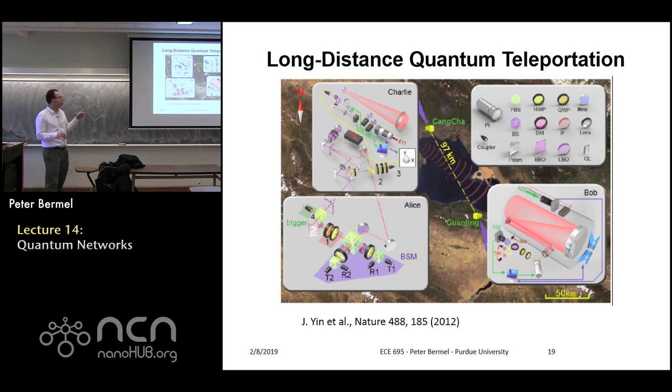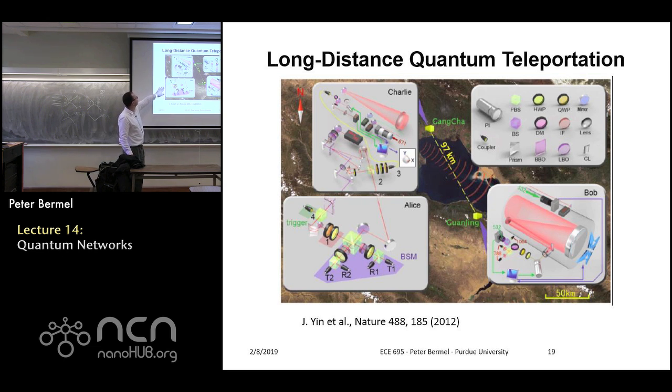So the first example I want to show you is from China. This shows that you can transmit a quantum state over a lake in China. I wish I remembered the name of the lake, but it's between Gangcha and Guangjing.